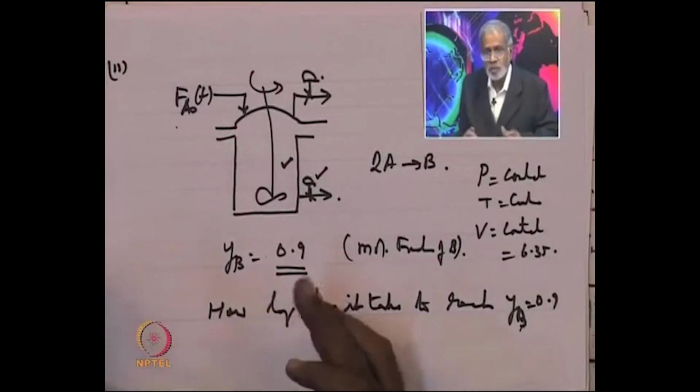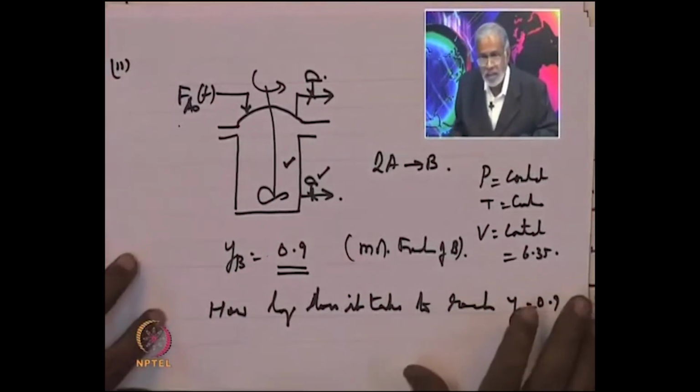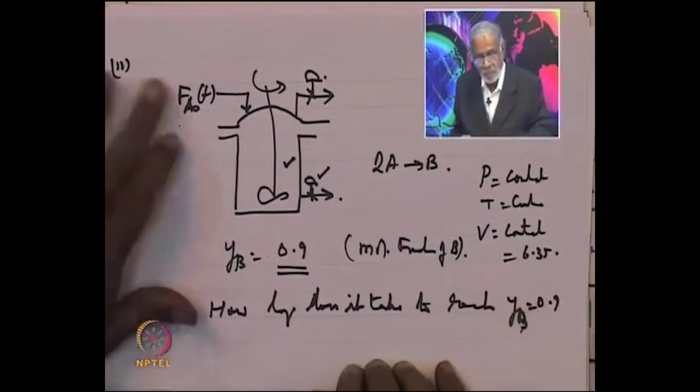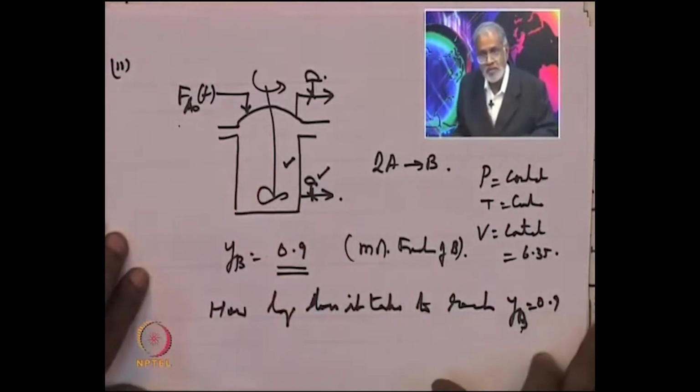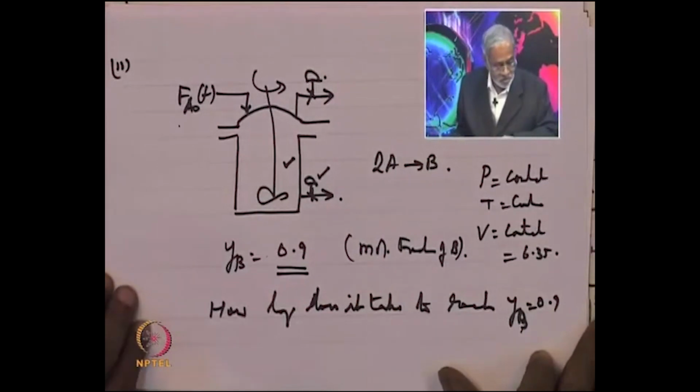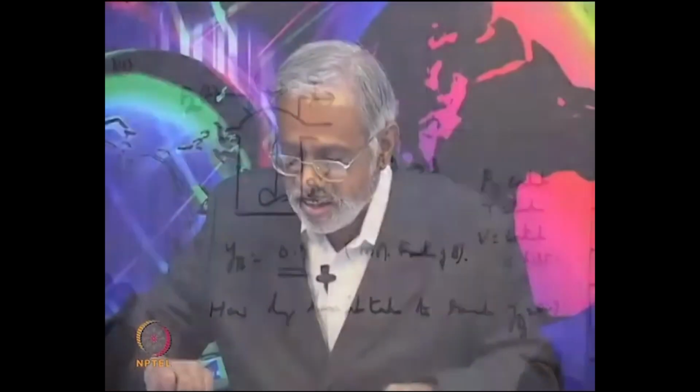So, this is what we would like to do now. Now, clearly this is an instance of an unsteady process, therefore we have to set up our balances to take into account the fact that it is an unsteady state process.